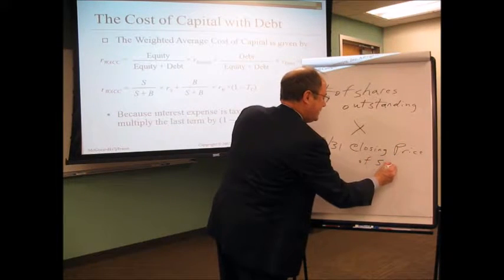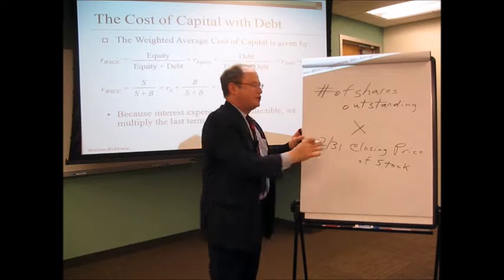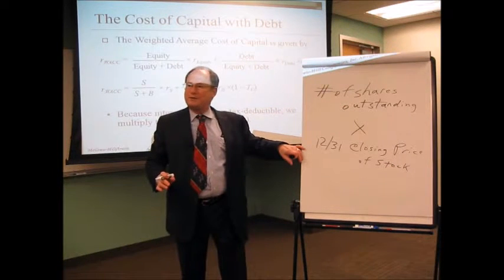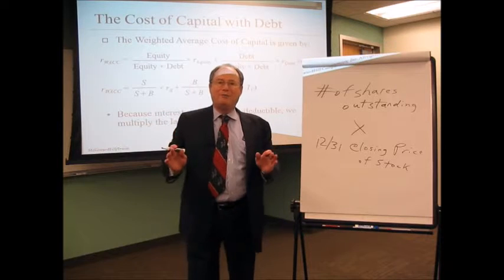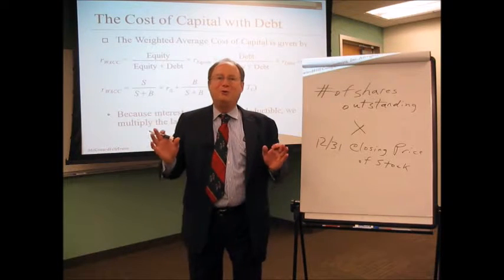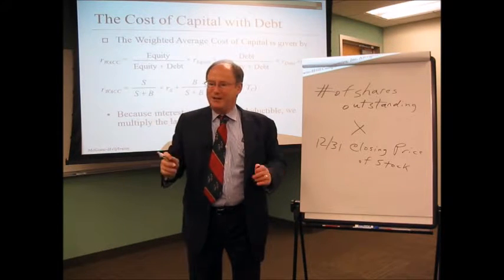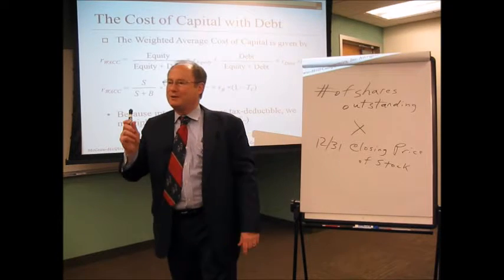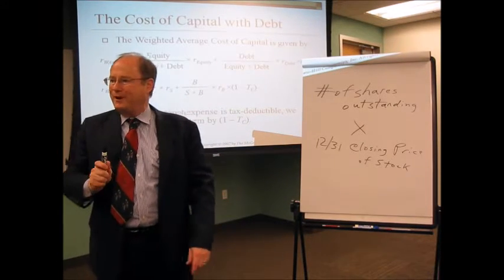You multiply the shares outstanding by the closing price of stock, and you have the market value of equity for that company. It's based on market values, not book values.